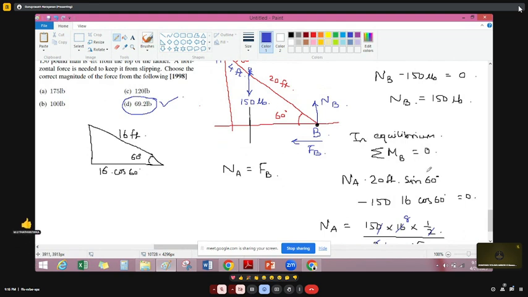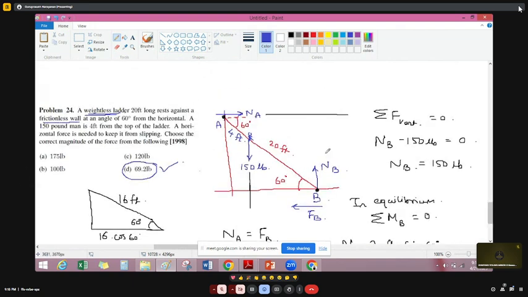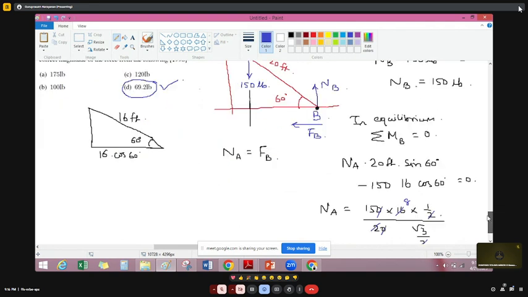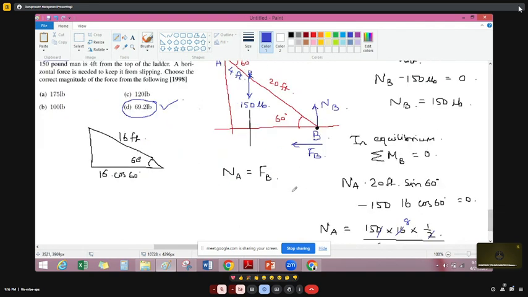If you are not convinced, take it as homework: take the moments about point A, using this force, this one, and this one, and find the value for FB, because now you know NB. You should get the same answer as this value.